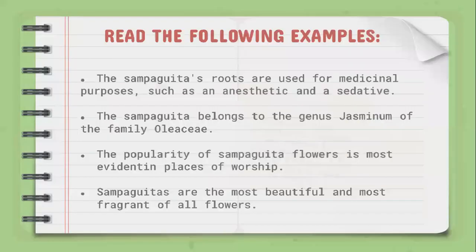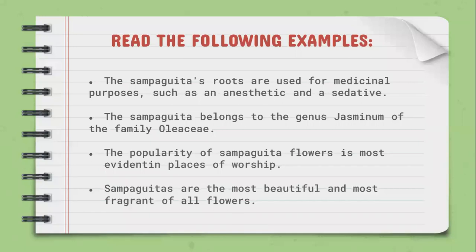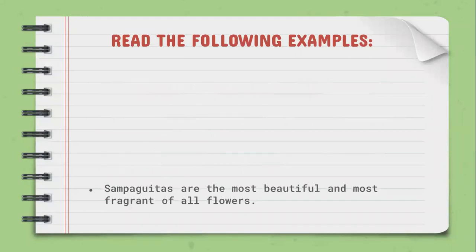And here, the example, it is automatically on the fourth one. Sampaguitas are the most beautiful and most fragrant of all flowers. And here, as you can see, this statement is a preference because it says a lot about the type of flower that the writer likes, instead of objectively comparing the qualities of Sampaguitas to that of other flowers.